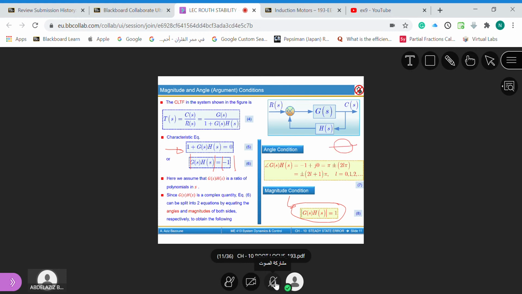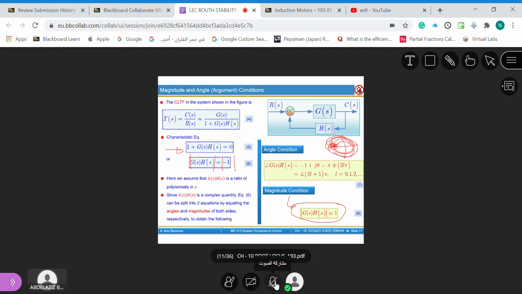This means when we have this case, minus 1 plus j0, when we have pi, when we have 3 pi, when we have 5 pi, when we have 7 pi, all these conditions will satisfy minus 1 plus j0, which is the angle condition here.